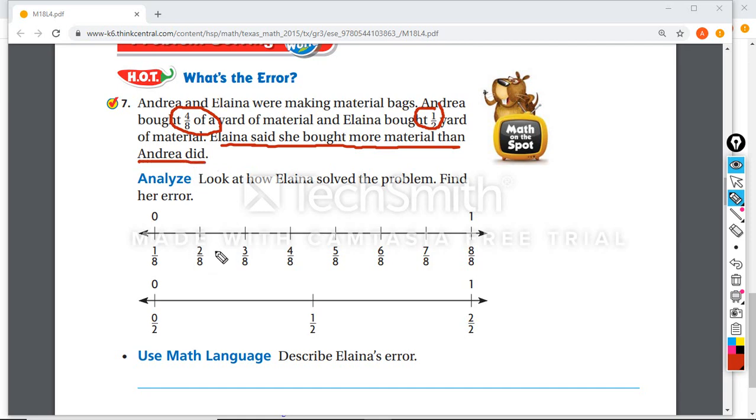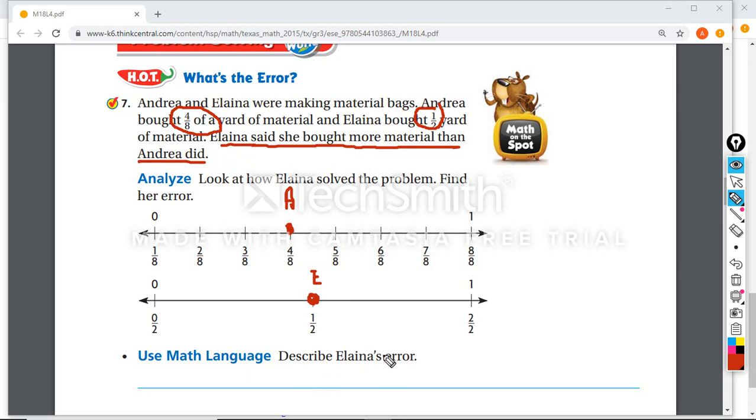Okay, well, let's see. We're looking at 4/8 right here. This is Andrea. And Elena bought half. It's right here in the number line. Who said they bought more? Elena said she bought more.